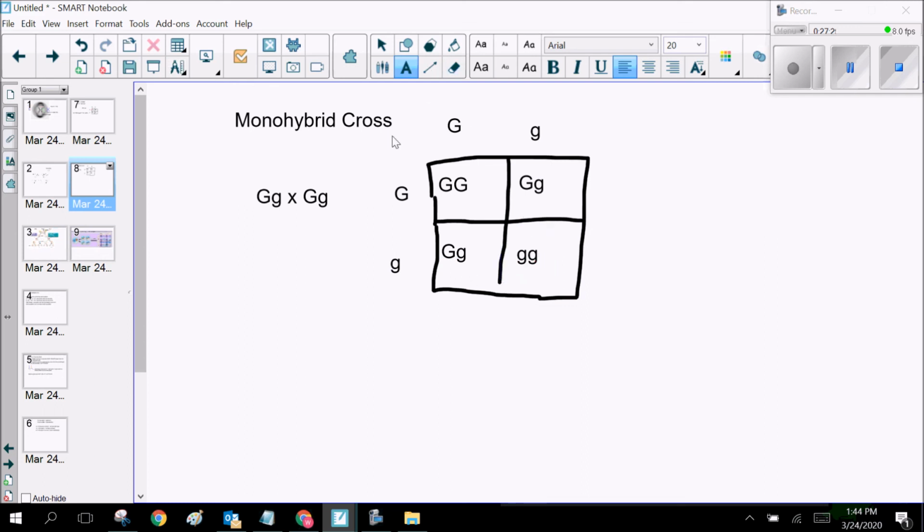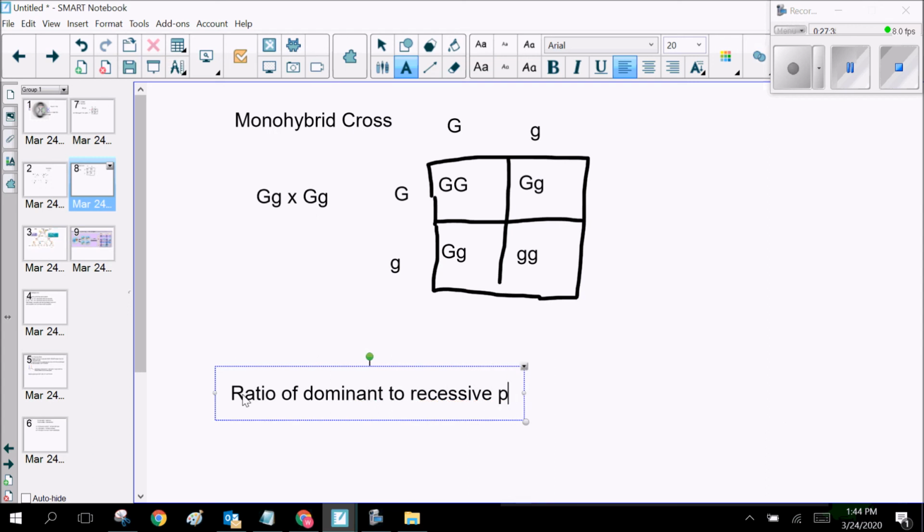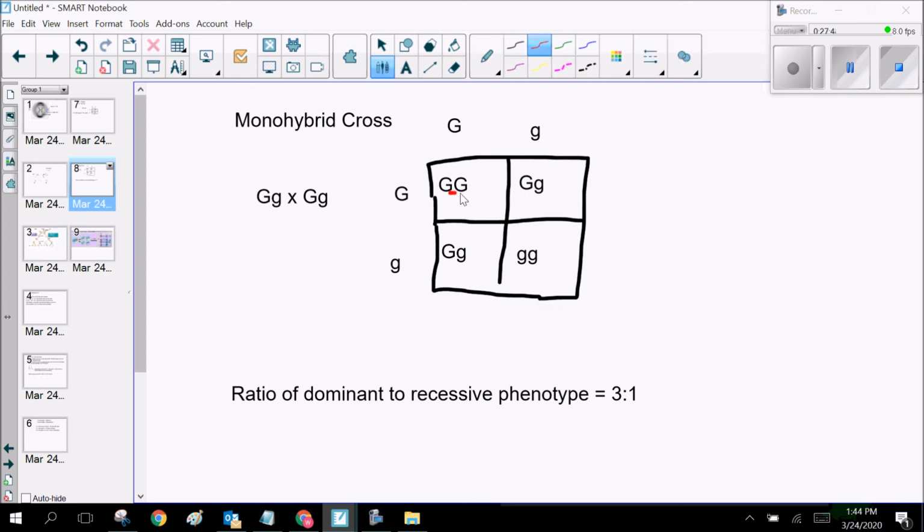If you were to look at the ratio of dominant to recessive phenotypes, you would end up getting 3-to-1 dominant to recessive, because all three of these have at least one copy of the dominant allele, so they're going to show the dominant phenotype. This one only has the recessive, so it will show the recessive phenotype.